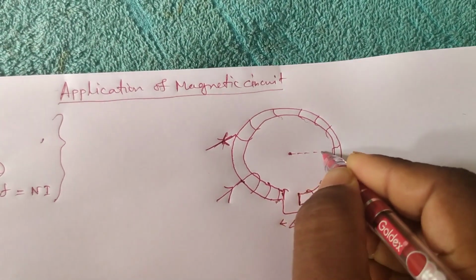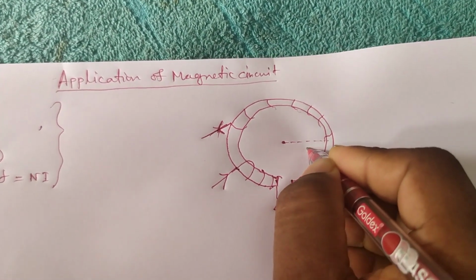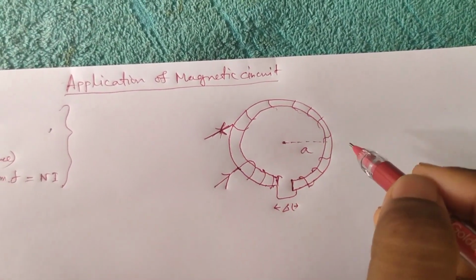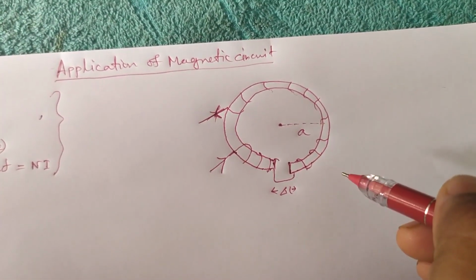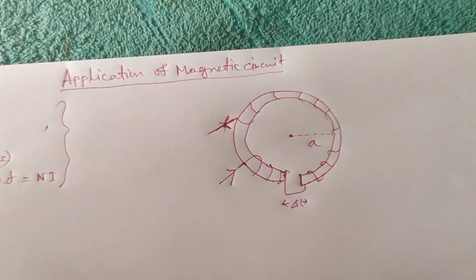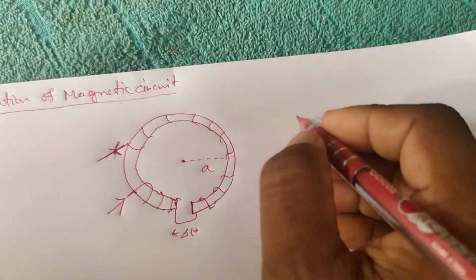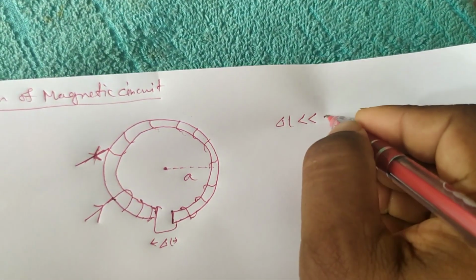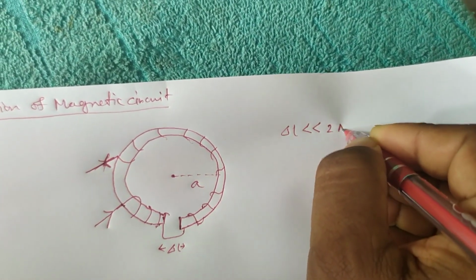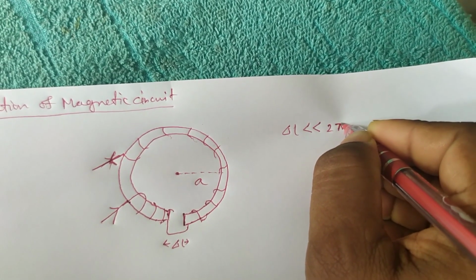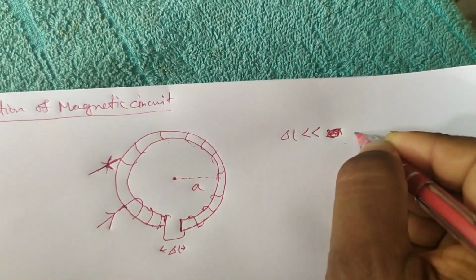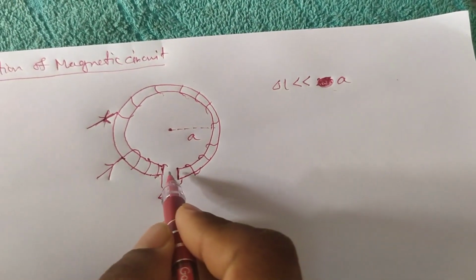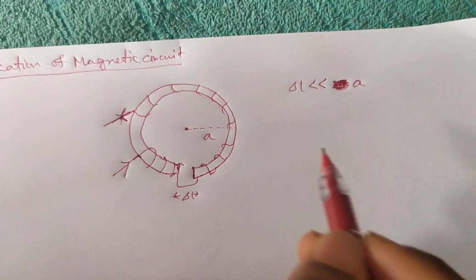Suppose the average radius of the circular path is a, and delta L is very small compared to a. So this path is very small.